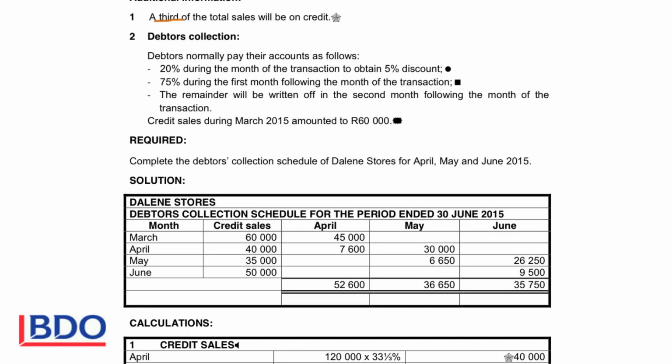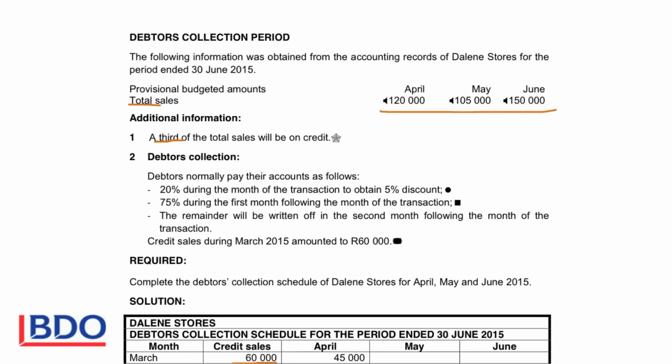Then we will have a column to show what is the credit sales for that month. So I will take 30% of the total sales to determine what was the credit sale during March and what was the credit sales during April, etc. So the first thing that you have to do is take your total sales, work out what percentage is credit sales and record the credit sales.